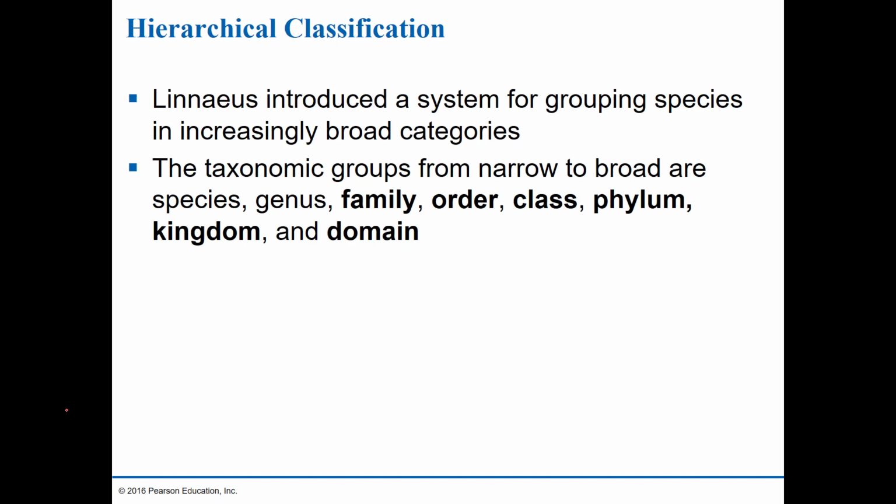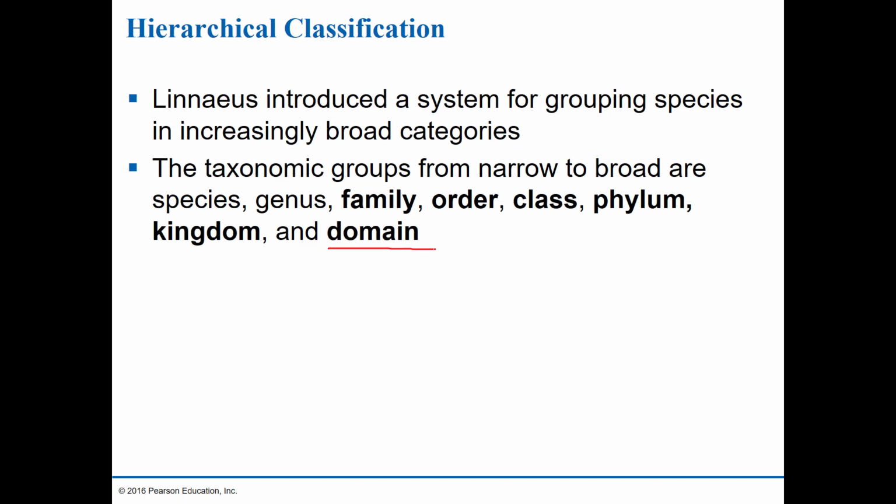So Linnaeus also did some other things. Because he did taxonomy, and taxonomy is the science of grouping and classifying things, he grouped things into narrow and broad fields, right? This goes from largest to smallest: the biggest field that we can group something in is a domain.